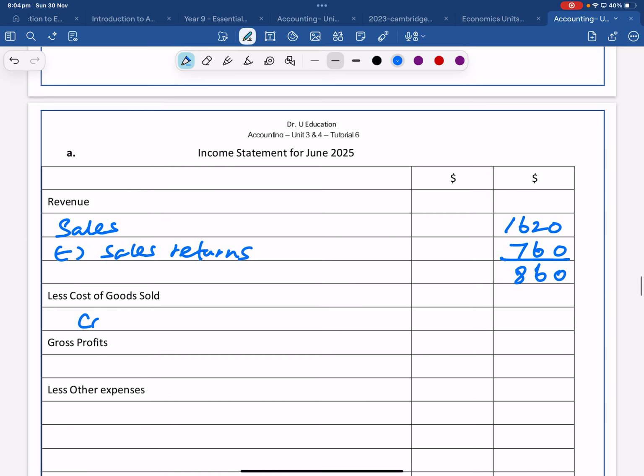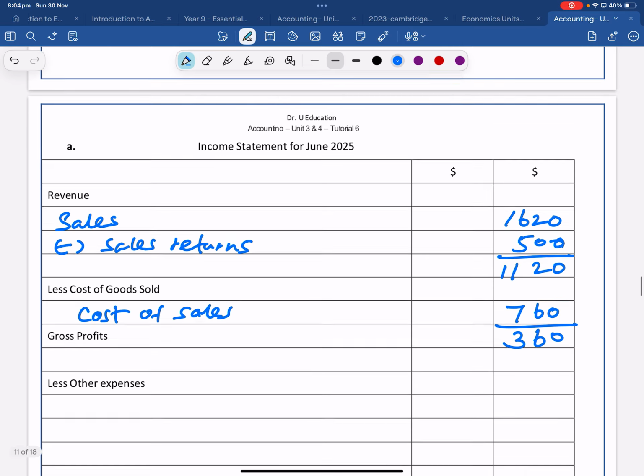Cost of goods sold, we have only cost of sales. Hold on, I made a mistake, I confused cost of sales and sales returns. Cost of sales is 760. As a result, gross profit is 360.